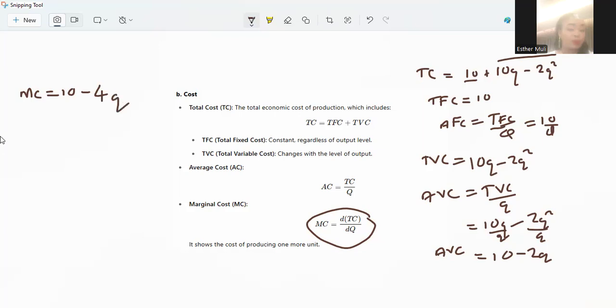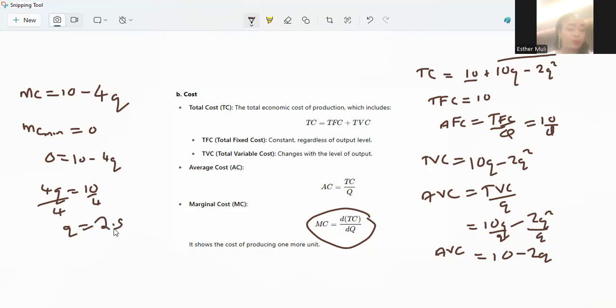So to minimize cost, we equate it to 0. So 0 is equal to 10 minus 4Q. When this goes aside, we have 4Q equal to 10, so the Q here is 2.5.